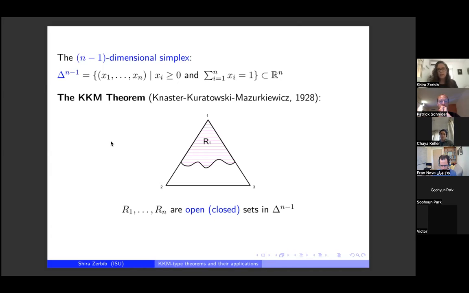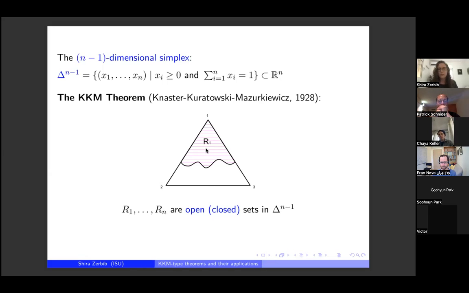It tells us that suppose that we have n sets that are either all open or all closed, and these are subsets of the n-1 dimensional simplex, and they cover the simplex, but in a nice way. So here is the description of this nice covering condition.